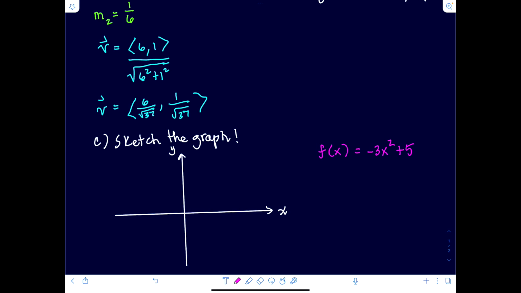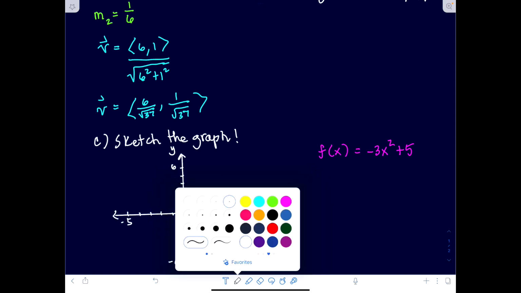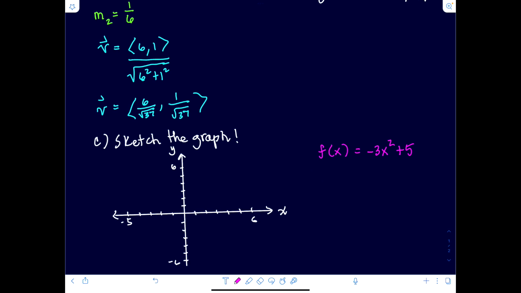That is going to be a parabola, and its vertex is just going to be at (0, 5). Drawing in our graph, I'll use symmetry to get a couple of ordered pairs. So we have (0, 5). The axis of symmetry is the y-axis, the line x equals 0.